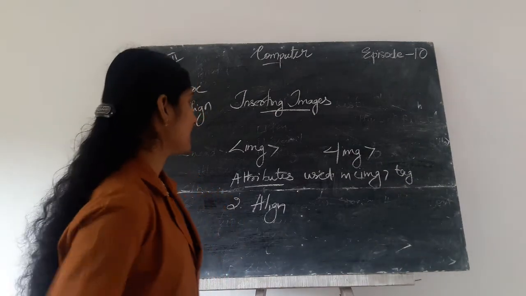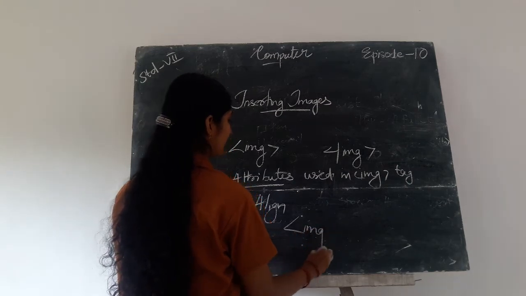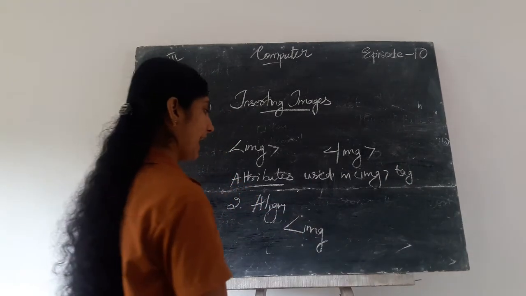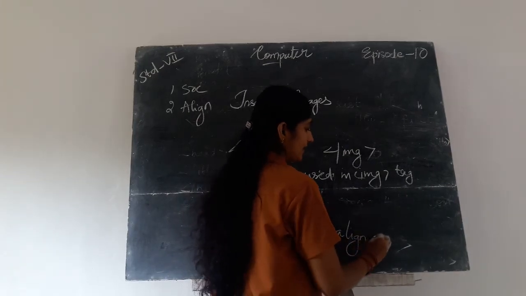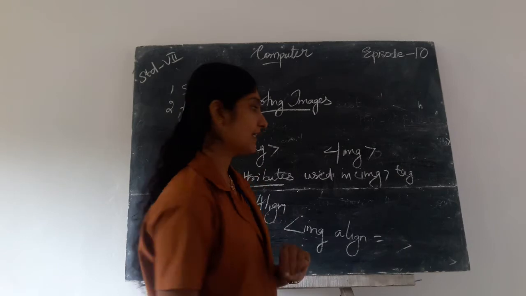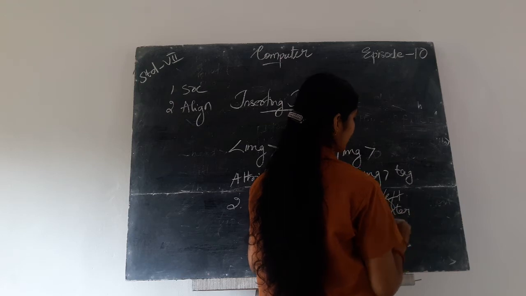So the syntax is img and the attribute name align, and here you can use three types of alignment: left, center, right, and one more, justify.